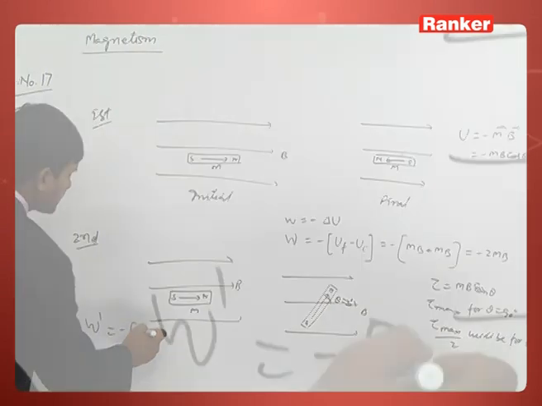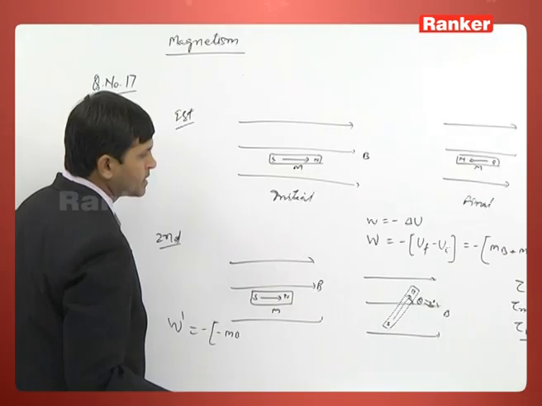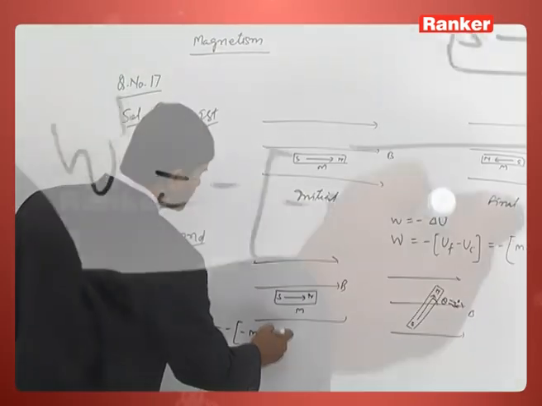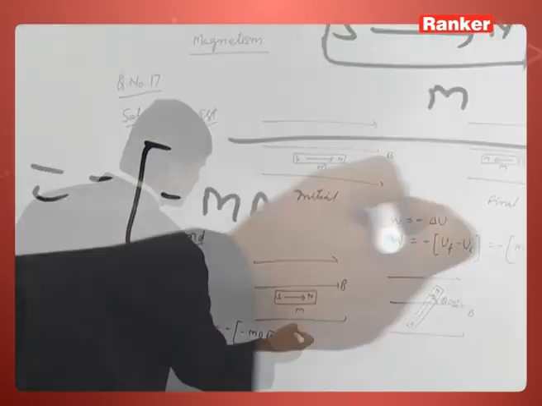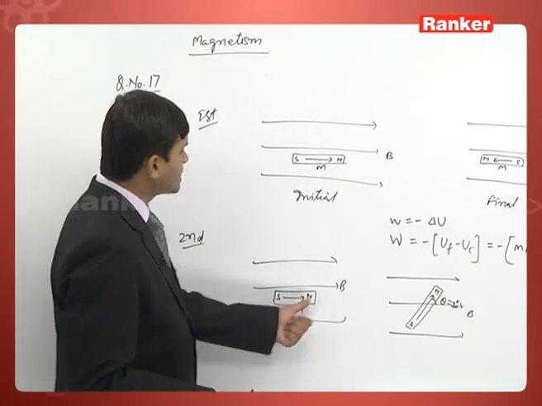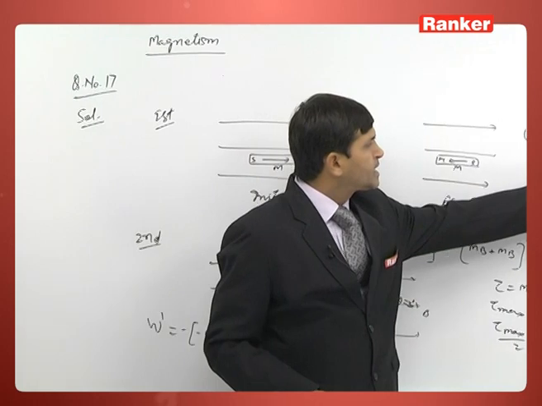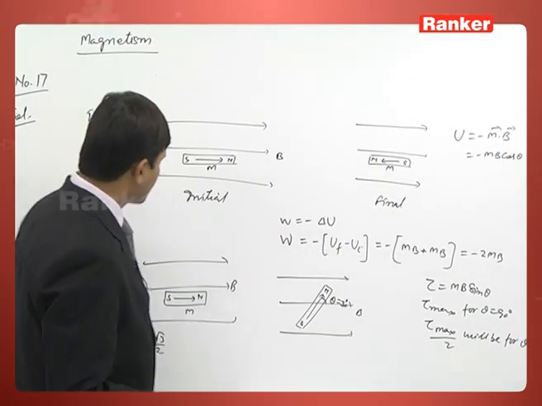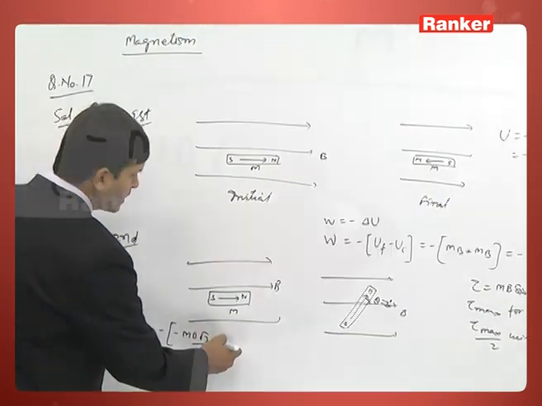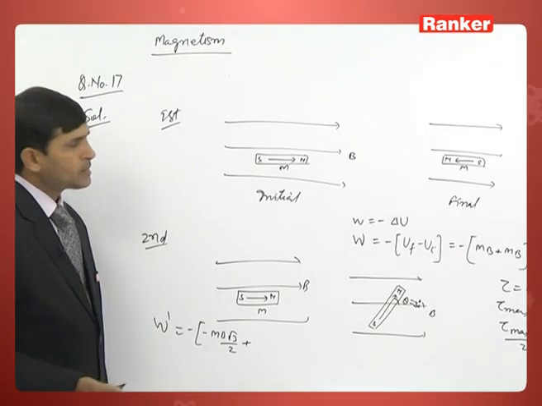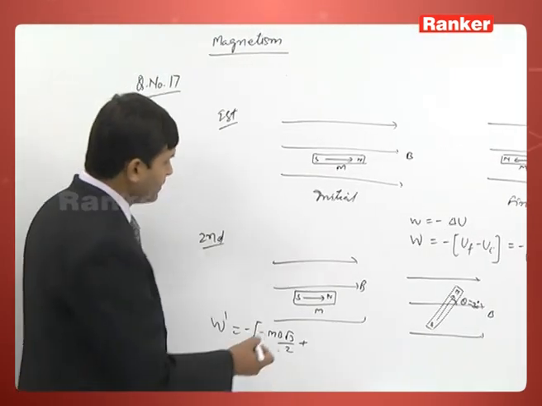So minus MB, theta is 30, cos 30 is root 3 by 2. And initial theta is 0, so cos theta is 1. So 1 and 1 become plus, minus MB.